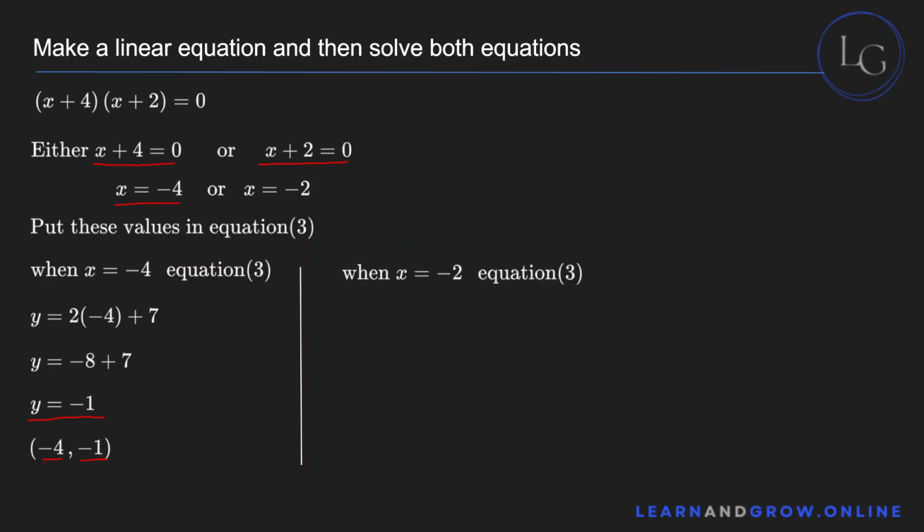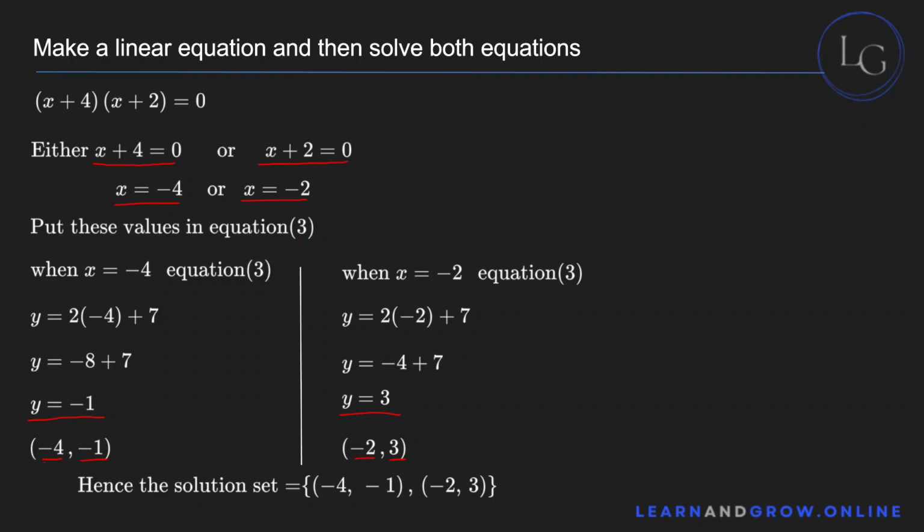Now when x is equal to minus 2 and you put that into equation 3, you get a value of y is equal to 3, and so you'll get a set over here. So when x is equal to minus 2, y is equal to 3, and this is your solution set. This is the first set and this is the second set.